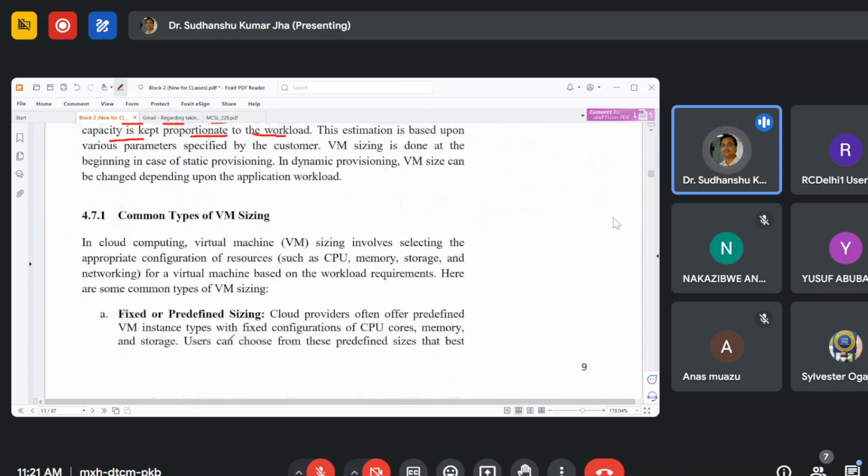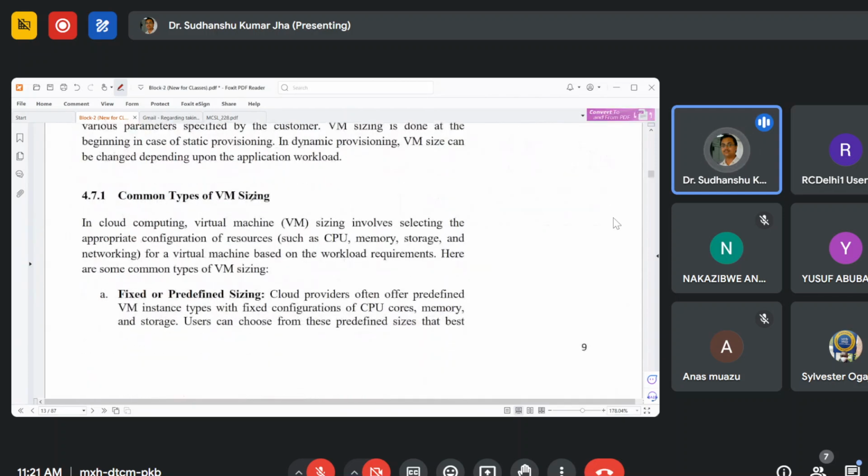The common type of VM sizing is the fixed or predefined sizing. In the case of fixed or predefined sizing, you are allocating a fixed amount of virtual machines to the particular customer.